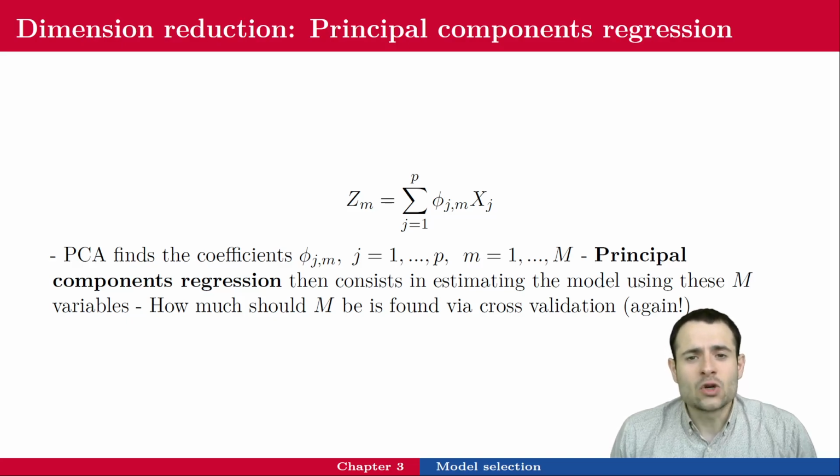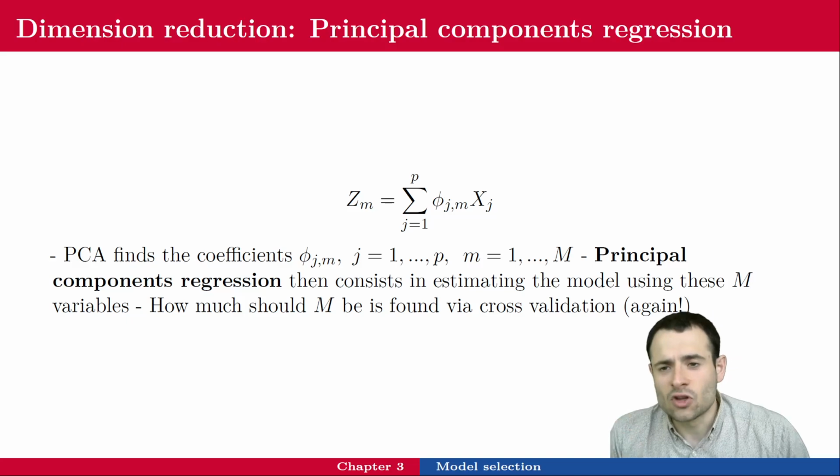If z1 increases by 1 unit, it doesn't mean much because z is a combination of x's and each x could be expressed in a different unit. So be careful. You don't want to regress y on z if z doesn't mean anything.